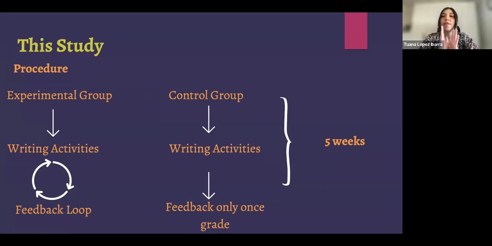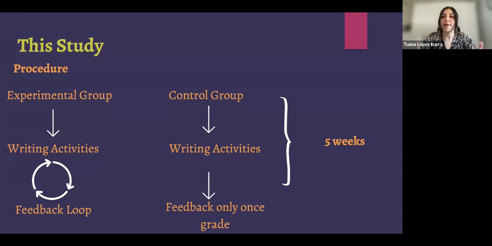The only difference was that the experimental group received a feedback loop, which means the teacher told them what was wrong with their work and how they could change it in their upcoming activities, how they can improve it, what they can do differently this time.